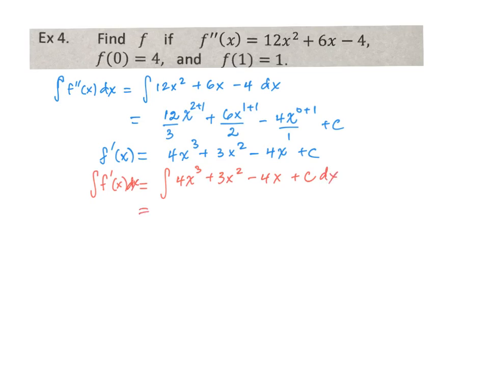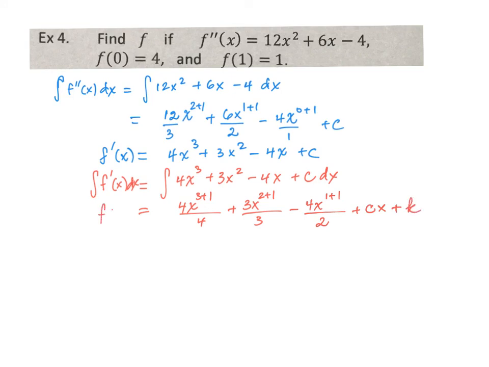So now the antiderivative of 4x³, we add 1 to the exponent and divide by 3 plus 1 is 4, divided by 4. Plus 3x, 2 plus 1 is 3, so we divide that by 3. Minus 4x to the 1 plus 1, that's 2, so we divide it by 2. Plus c times x, plus some number k.